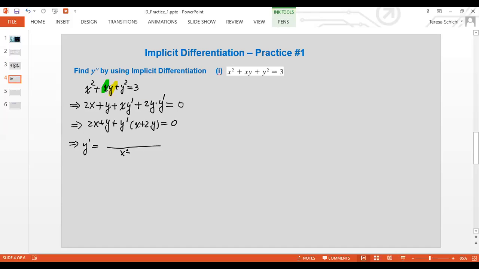This is x plus 2y, right? And then here, this is negative 2x plus y. Then, just like before, you can use the quotient rule to do this. And every time you see the y, you need a y prime.